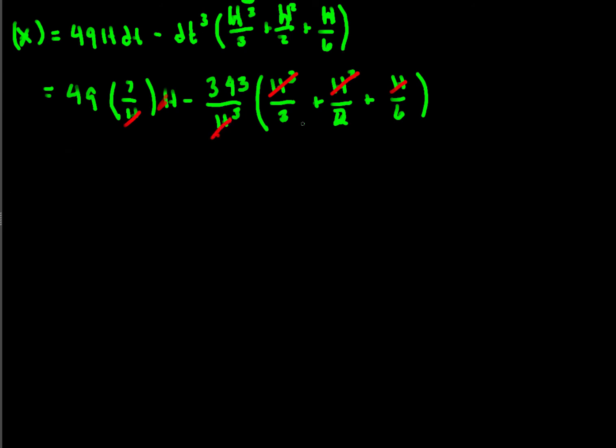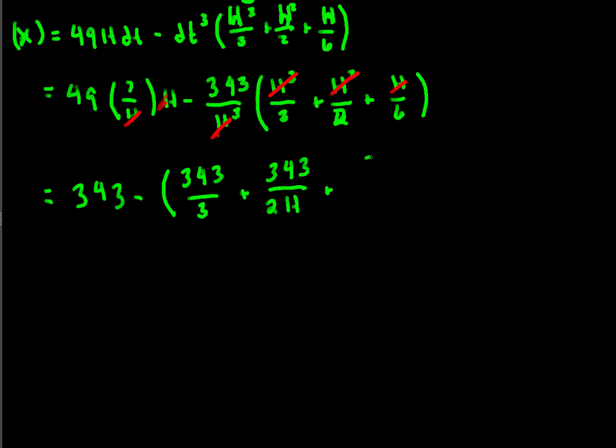So this is equal to 7 times 49, which is 343, minus 343 over 3 plus 343 over 2h plus 343 over 6h squared.